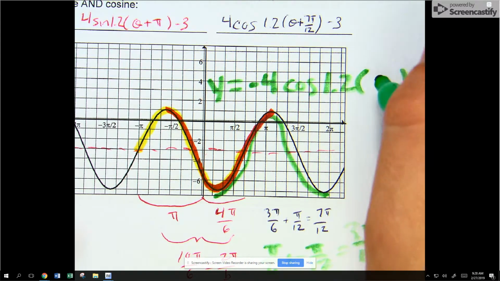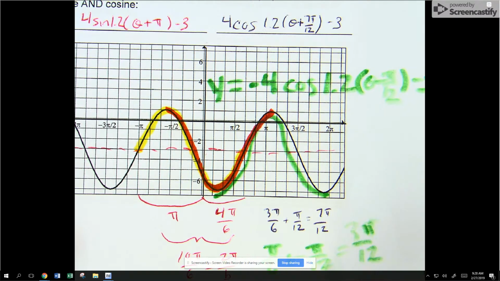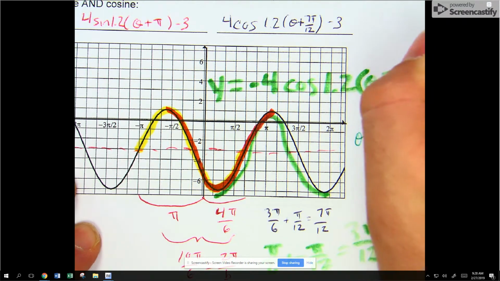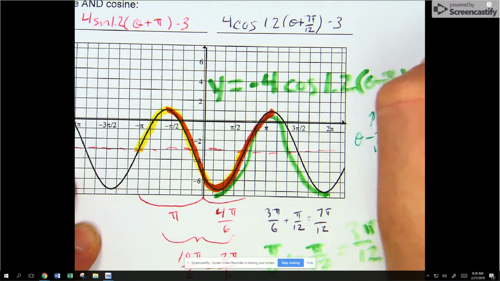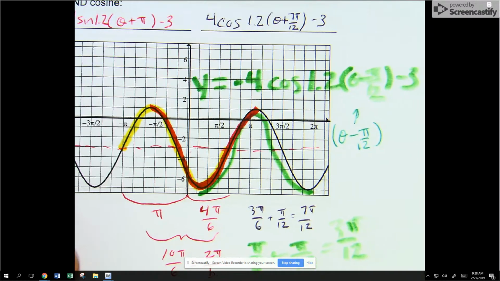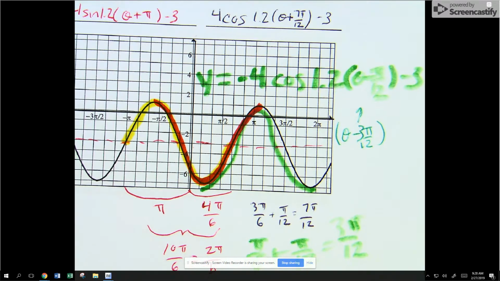So we're going to have a theta minus pi over 12. All right. Does that make sense? 3 pi over 12. 3 pi over 12. Okay. Questions on that?